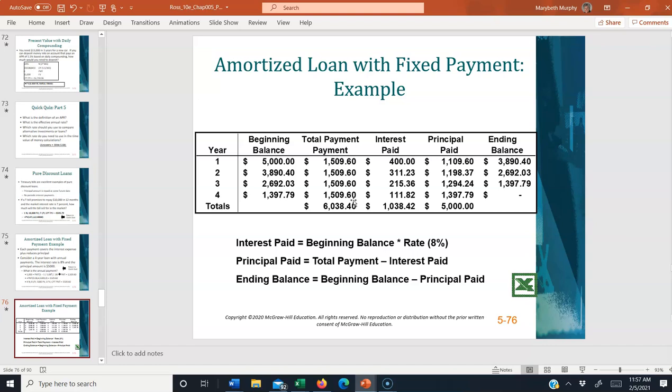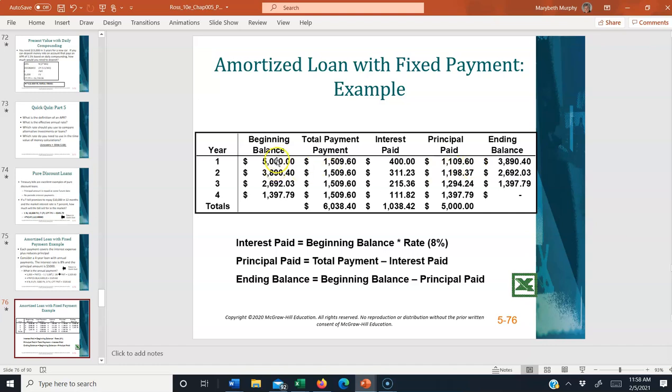How we calculate the interest is we look at the ending balance that is owed and calculate the interest based on that. So for the first period, we owe $5,000. The interest rate is 8%. 8% times 5,000 is $400. So out of this total payment, $400 is interest, and $1,109.60 is principal, reducing how much we borrowed.